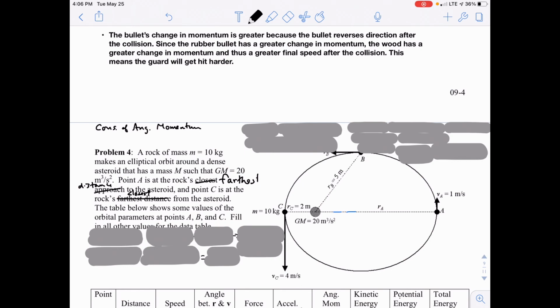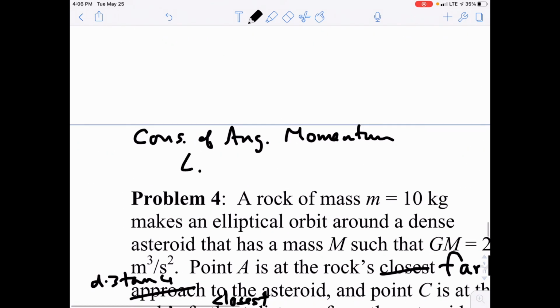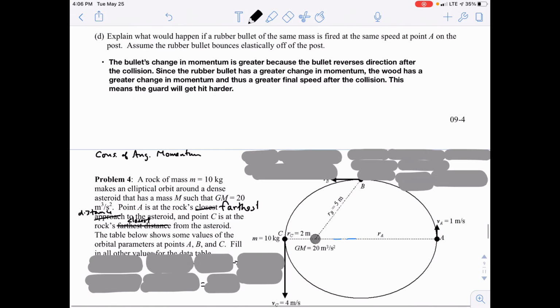There is nothing getting out there and pushing this rock to make it go faster or slower at various points along the orbit. Instead, it changes speed due to the fact that it is changing distance away from that mass. Therefore, L initial equals L final. Okay, conservation of angular momentum. So we're going to use that to solve this problem.